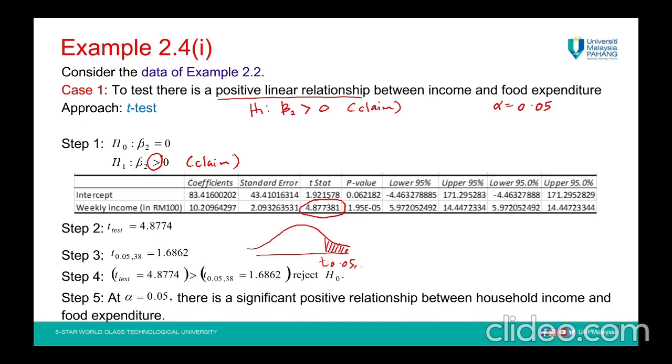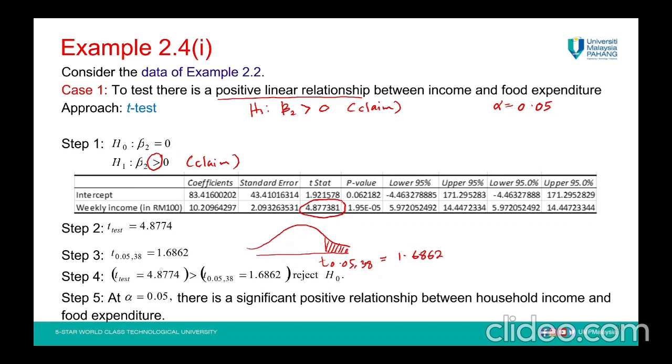For this example, the number of data is 40, so 40 minus 2, and the degrees of freedom is 38. By using the statistical table, the value for t 0.05 with degrees of freedom 38 is equal to 1.6862. So that completes step 3, where we get the critical value and the rejection region.